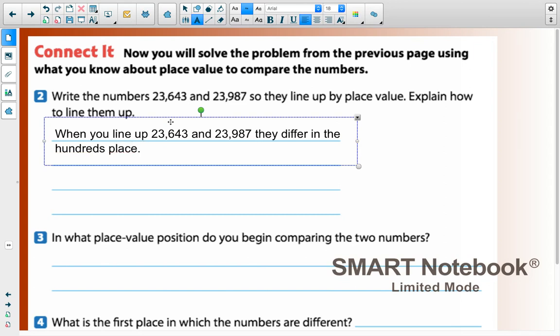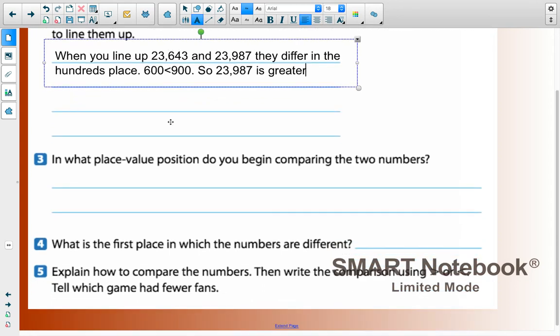Are they different? Well, 600 is less than 900. So 23,987 is greater. Boom.